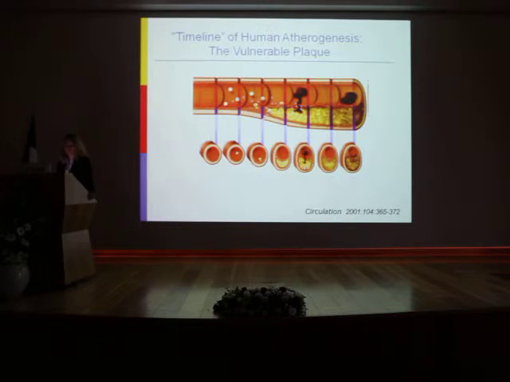The vulnerable plaque has a lipid core and a thin fibrous cap which may rupture. This plaque, as you can see here, grows basically outside the lumen and does not cause significant stenosis. Thus, more than half of acute MIs occur in plaques that result in less than 50% stenosis before the rupture.